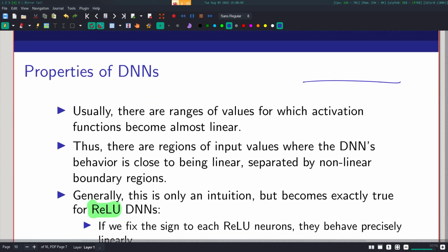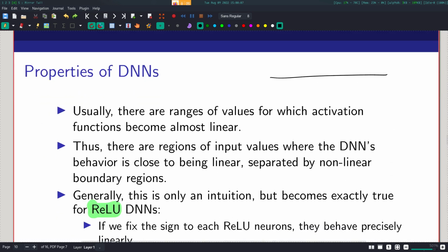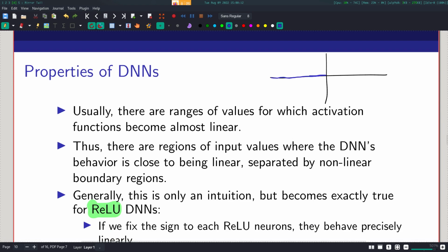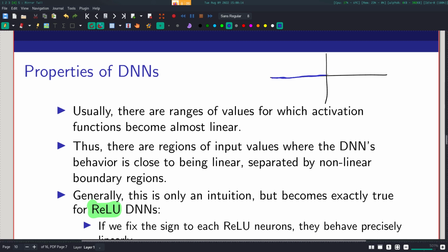ReLU looks like this: it's precisely 0 for anything less than 0, and precisely the identity function for anything greater than 0. So the ReLU has exactly these two regions, which touch each other, where it behaves exactly linearly. It's not an approximation. There's no epsilon involved when we talk about ReLU.